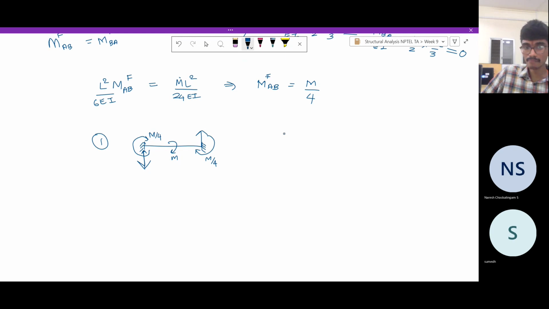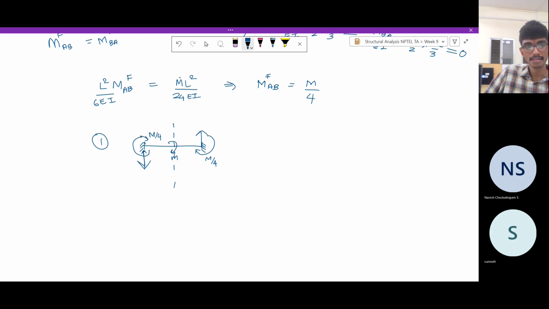So for a fixed beam subjected to a midspan moment M, in the support reaction, the fixed end moments are M by 4 and M by 4. Okay. Now, as I said, you can see the anti-symmetry. On this side, if the shear force is downwards, here it is upwards. If you have a moment that is clockwise in this direction, it is exactly opposite on this side.